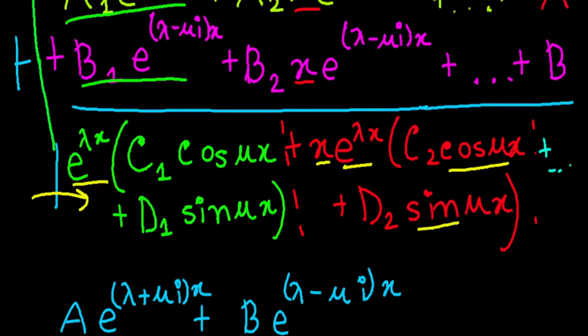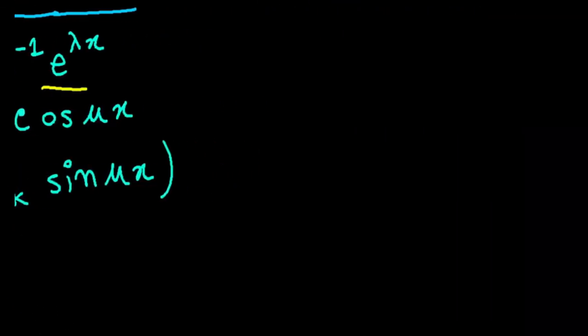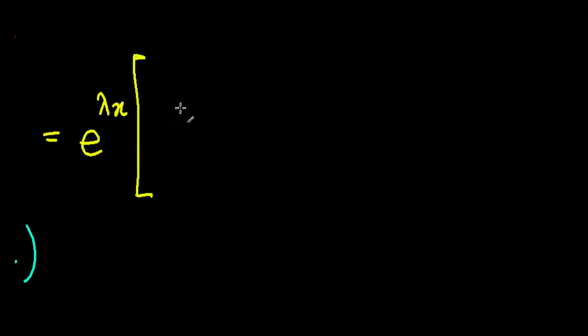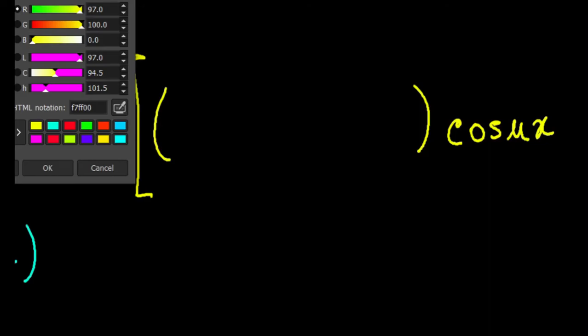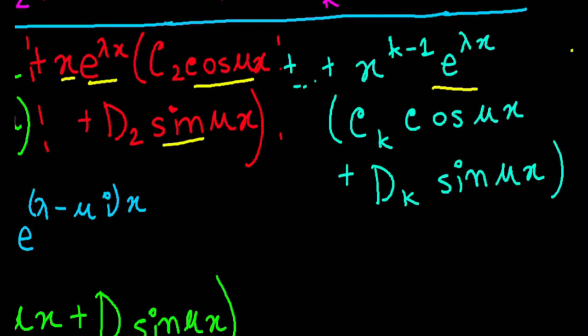So doing all that, where should I write it? I'll write it here. I'll write the e to the power lambda x in front so that we don't forget it. Now we're going to have the cosine terms grouped, so this is going to be cosine of mu x. Inside, let's see what is in front of the cosines.